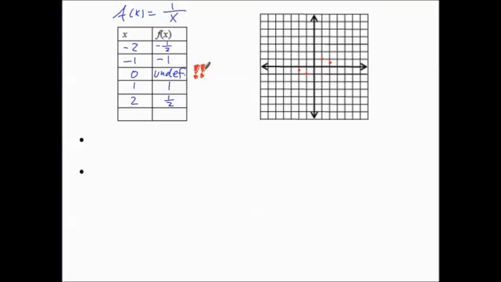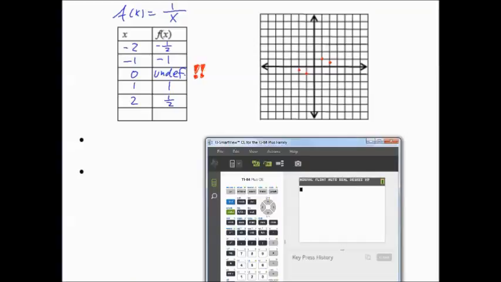Well, here's what we're going to do. We're going to take a look at our calculator and see what the calculator says. Putting in y is equal to 1 divided by x, and let's see what the graph looks like. Whoa, that's interesting. So we get two lines, they don't connect.